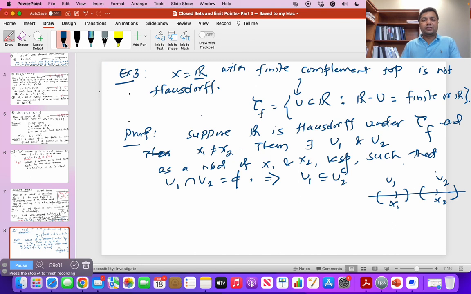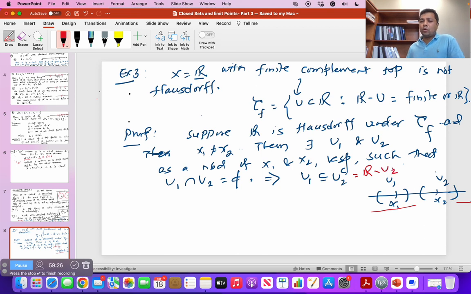Then you can see that u1 is inside the complement of u2. Complement of u2 is everything but u2, which is R minus u2.